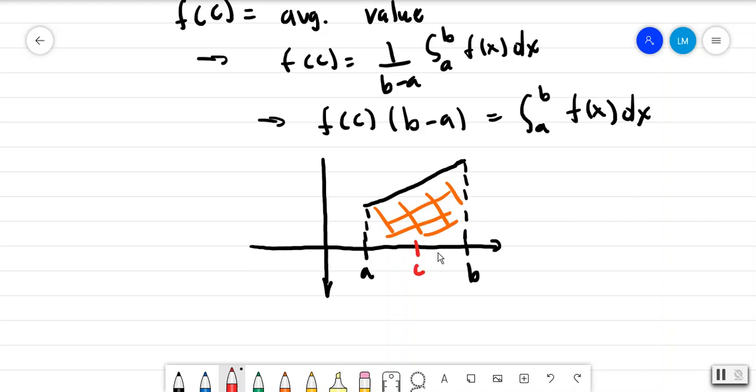such that when we find this constant, it takes on the average height, and then it's just going to find that the total area matches.